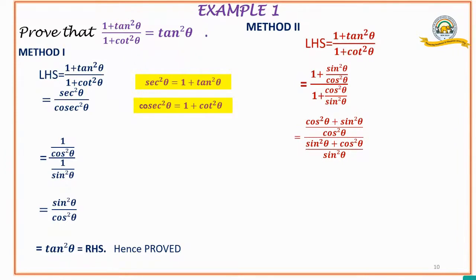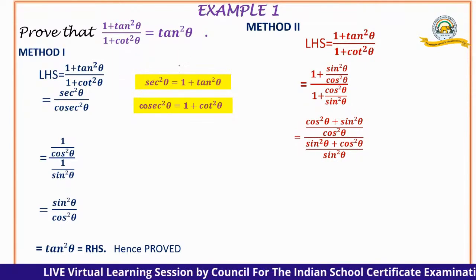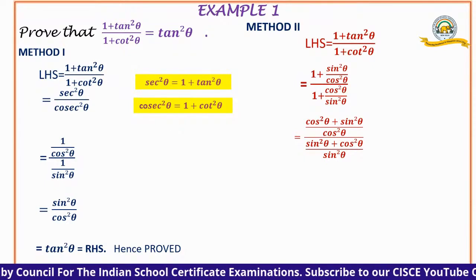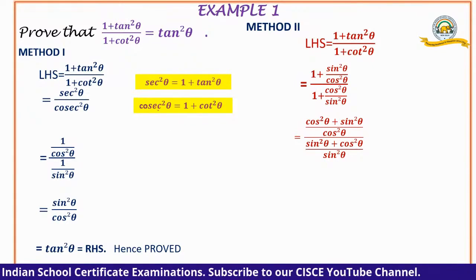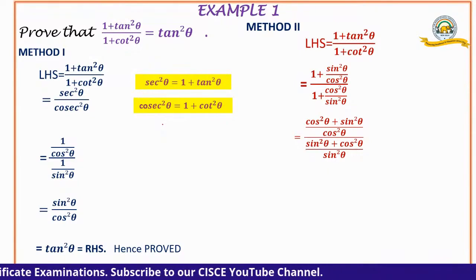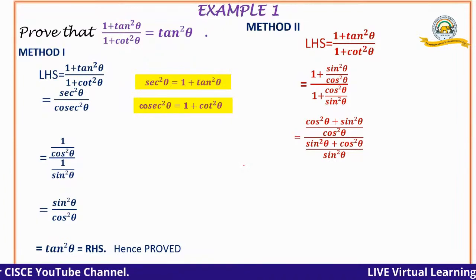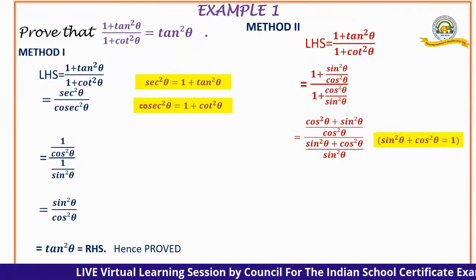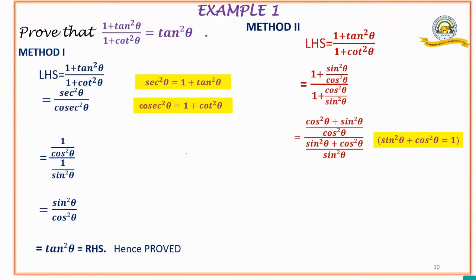Now let us take the LCM. So LCM is what? Cos square theta is the LCM. So we get cos square theta plus sine square theta upon cos square theta divided by sine square theta plus cos square theta by sine square theta. Now what do you know? What is sine square theta plus cos square theta? 1. We all know that.